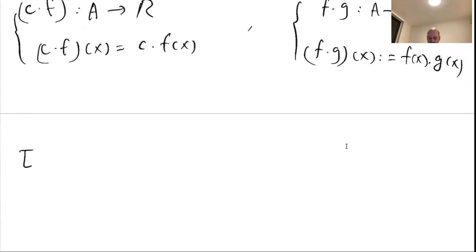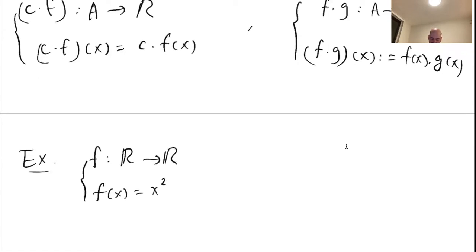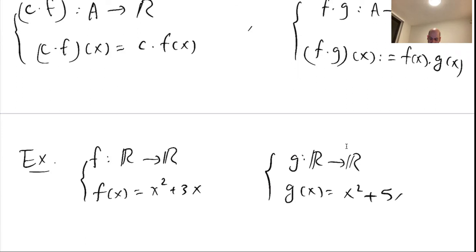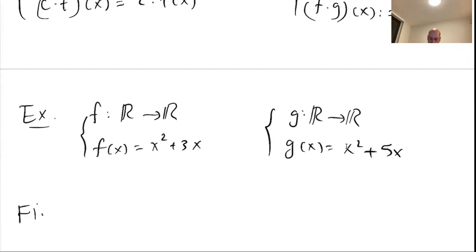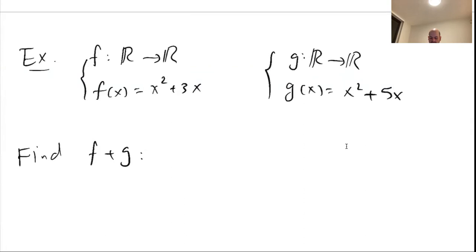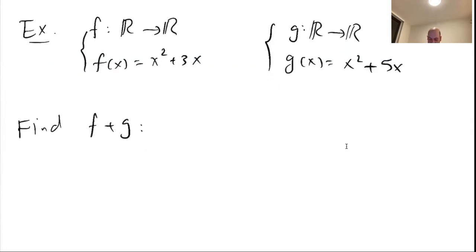Okay, so for example, let's say f from R to R, f of x equals x squared plus 3x, g from R to R, g of x equals x squared plus 5x. Find f plus g. So what is f plus g going to be? f plus g will also be from R to R, right?